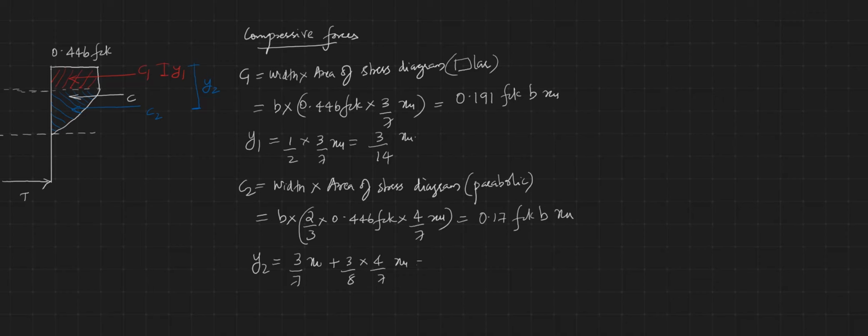You will get this value as 9 by 14 XU. That is, your compressive force C1 is equal to 0.191 FCK BXU acting at a distance of 3 by 14 XU from the top fiber, and C2 the value is 0.17 FCK BXU acting at a distance of 9 by 14 XU.